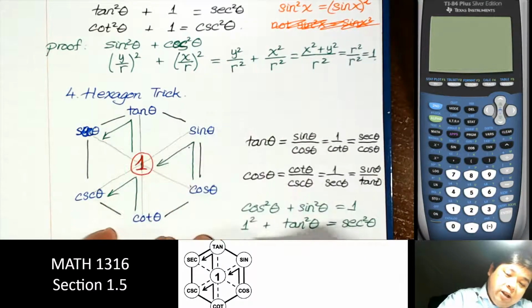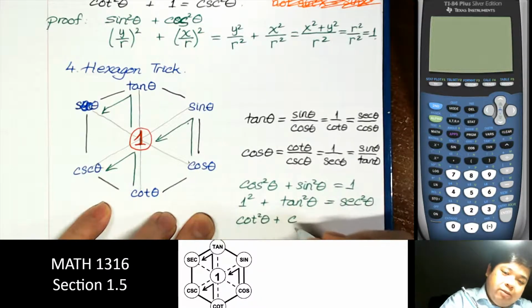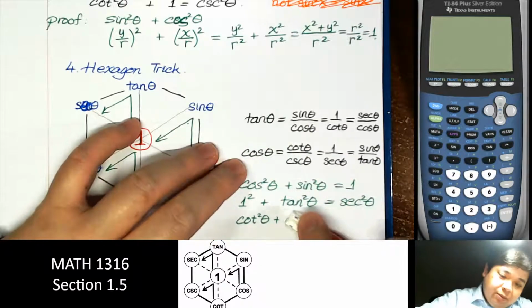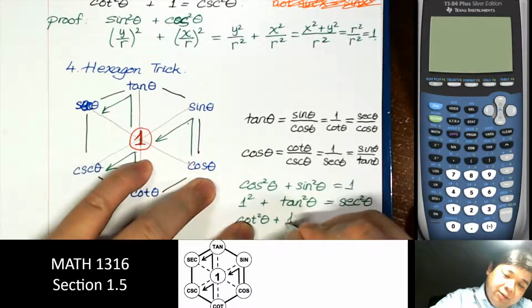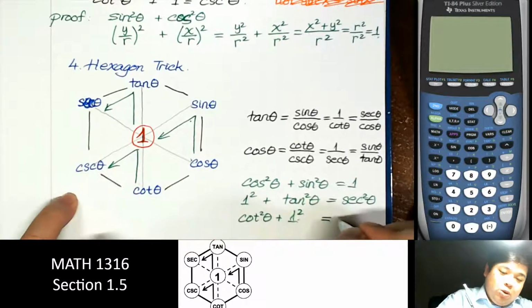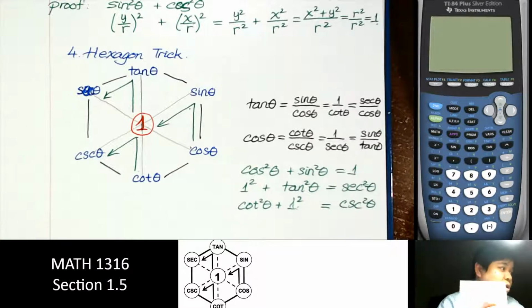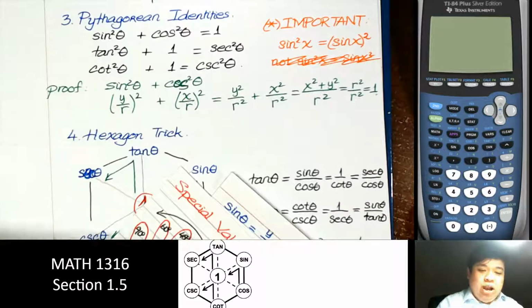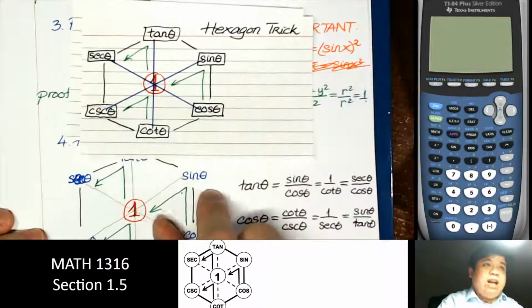And cotangent squared plus 1 squared is cosecant squared. So that's what the hexagon trick does, helping us to memorize all of this. And I recommend you have one quick reference like we have with the hand trick for the special values or the definition, and then one for the hexagon trick.